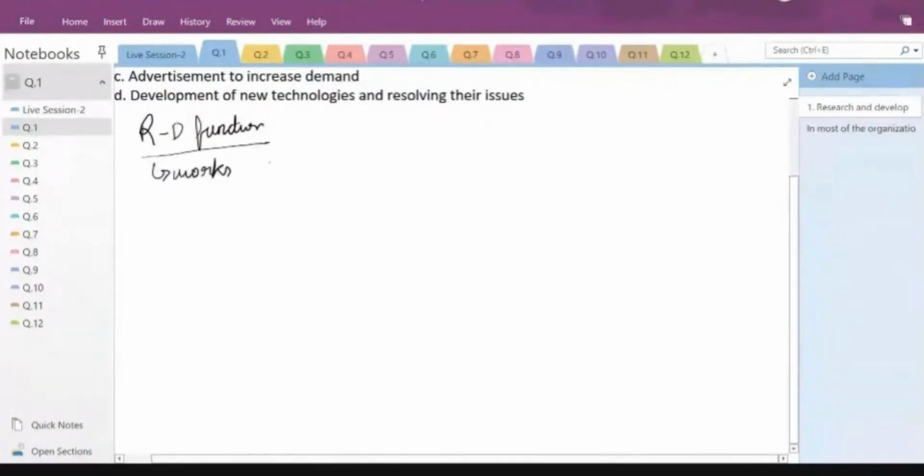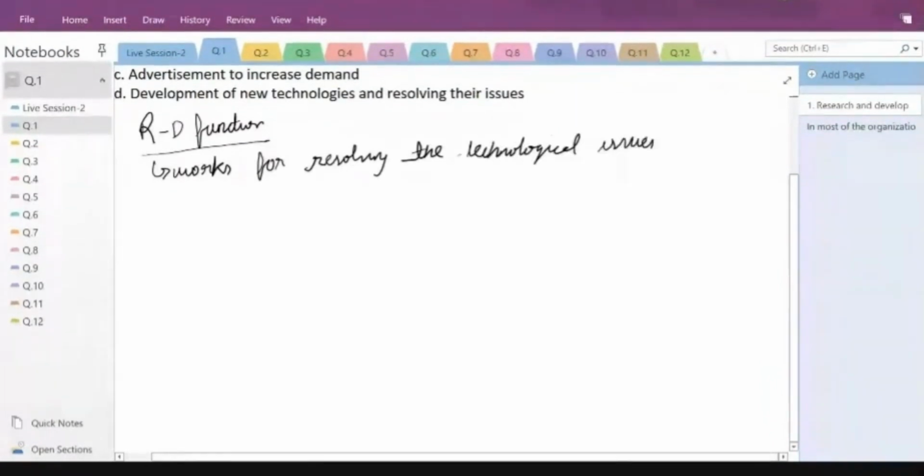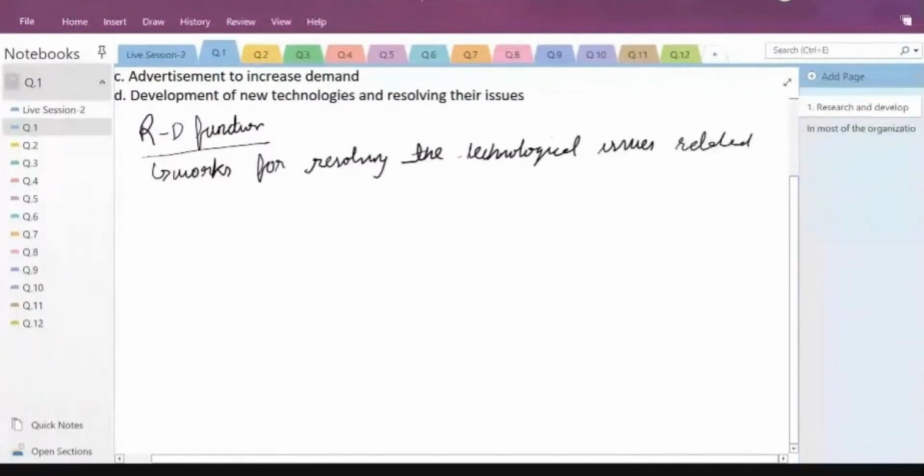This works for resolving the technological issues related with the product or manufacturing.